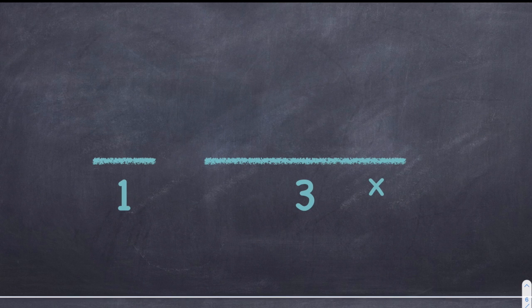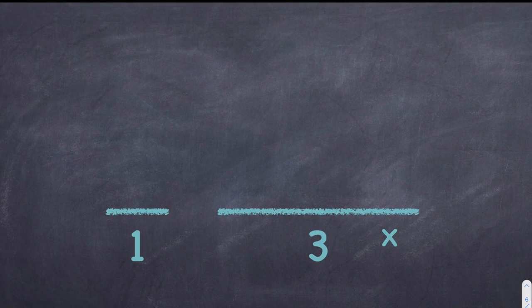Next is the word edge. Now, edge is a little bit tricky, right? So you see this line with a 3 underneath and then an E at the very end.